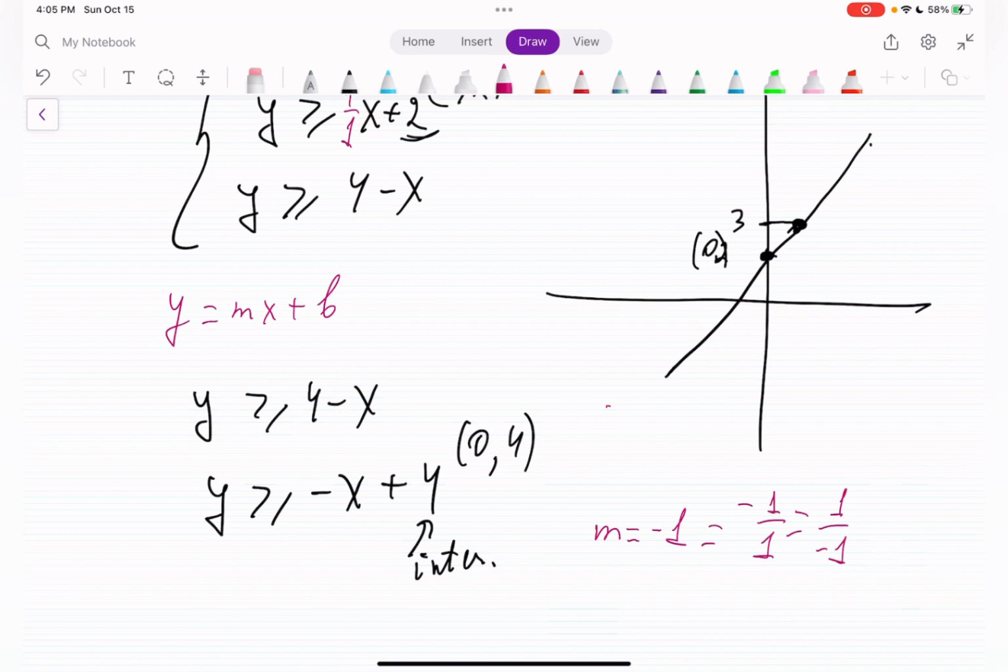So how am I going to go? I'm taking the point 0, 4. I go down by 1 to 3, and then positive 1 this way, so this will be my point.